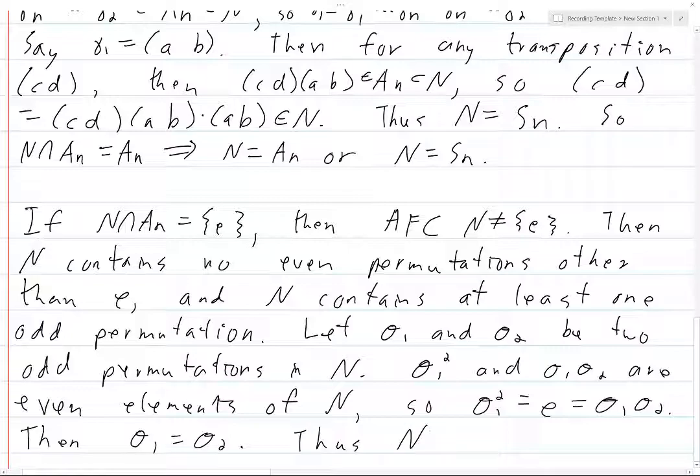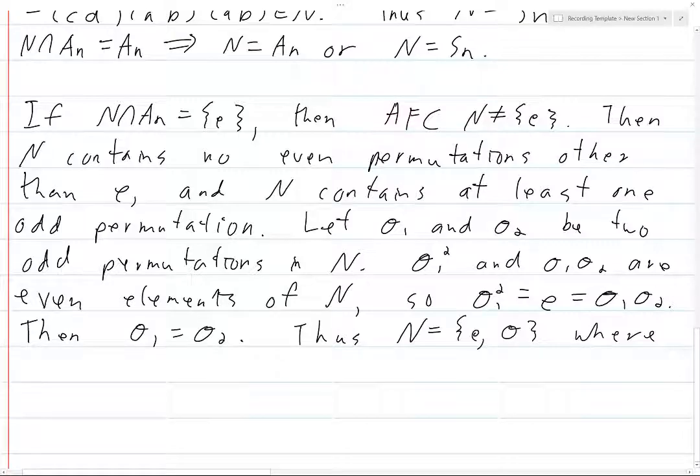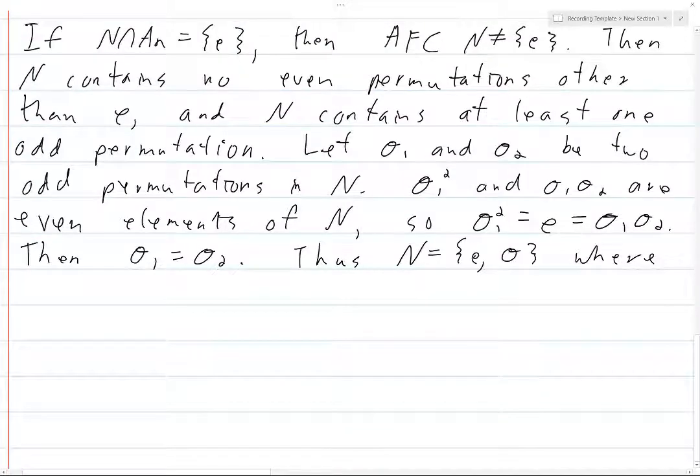Thus, N is precisely {E, sigma}, where sigma is some odd permutation such that sigma squared equals E.